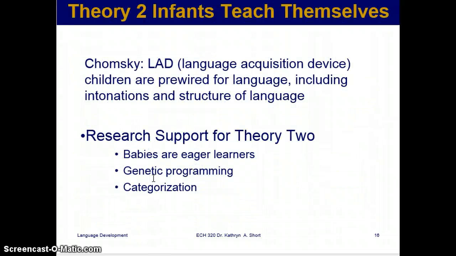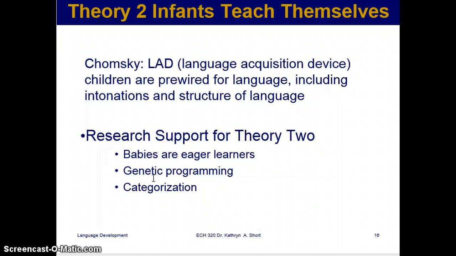Okay, next PowerPoint. So theory 2, infants teach themselves. So this is Noam Chomsky. So LAD, we need to remember this, language acquisition device, LAD. Children are pre-wired for language, including the rules and structure of language. So what they're saying is we're hardwired like computers to learn language automatically.